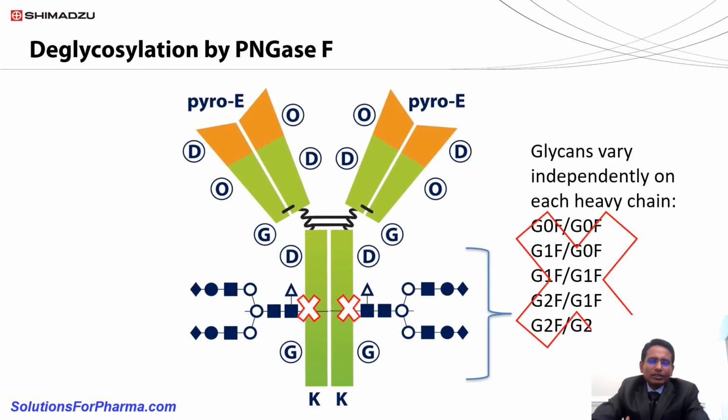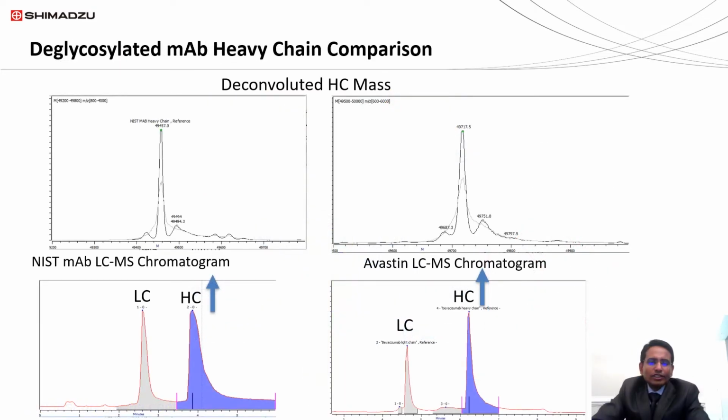After the reduced mAb analysis, we did the deglycosylation using PNGase. Glycans can vary differently on each of the heavy chains. Glycosylations play a significant role for therapeutic interventions. So that's why it is important to analyze deglycosylated peaks. Here we did the same study for NIST mAb and Avastin mAb.